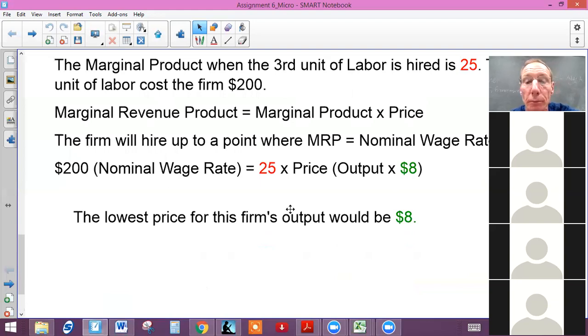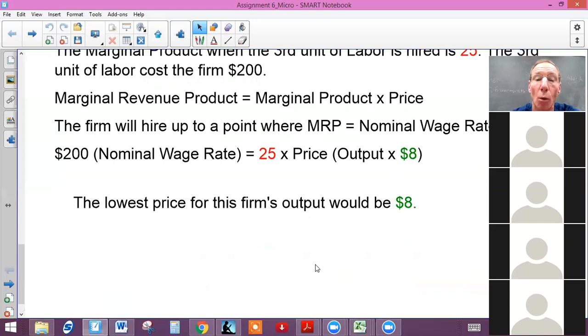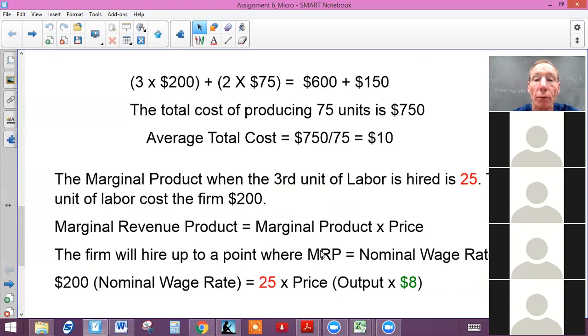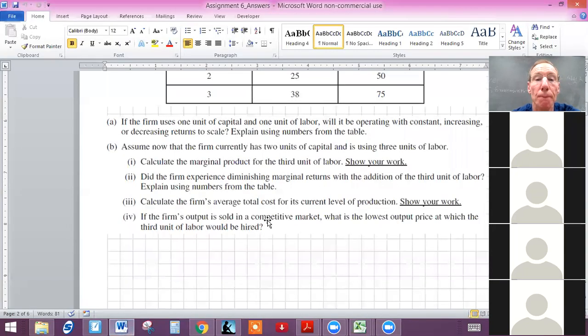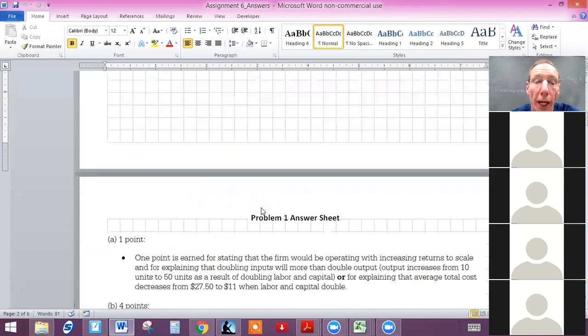Okay? Anybody confused about why it's $8? Okay, good. And I believe that answers all of those. Yeah, okay. Whew, take a breath.